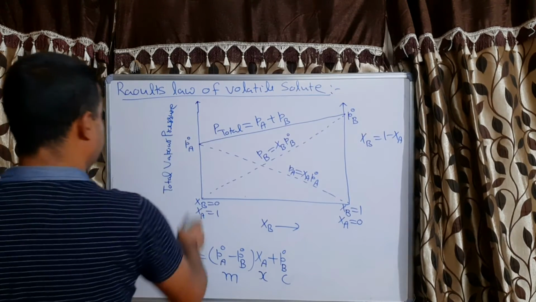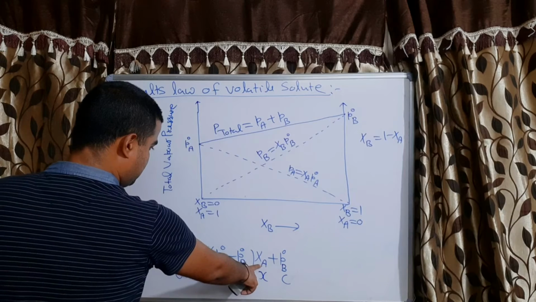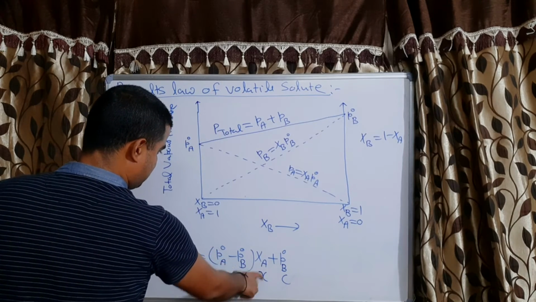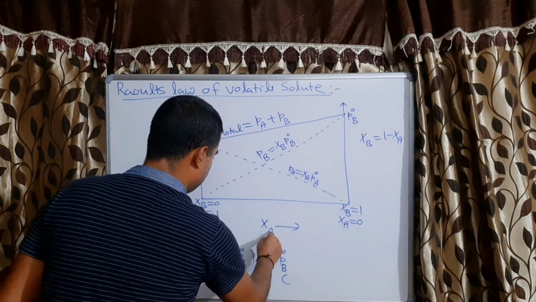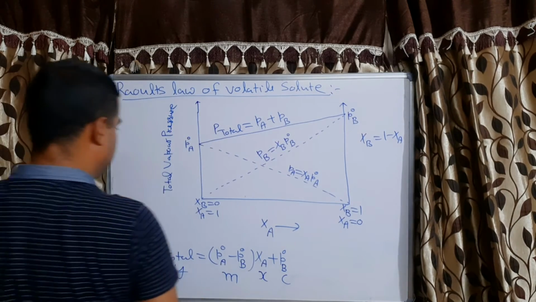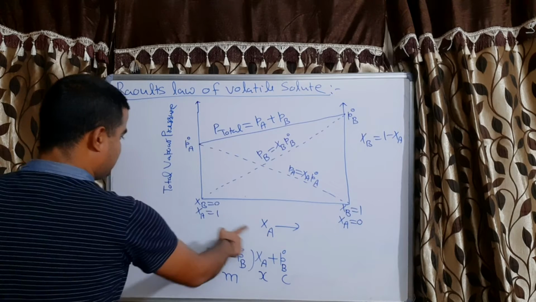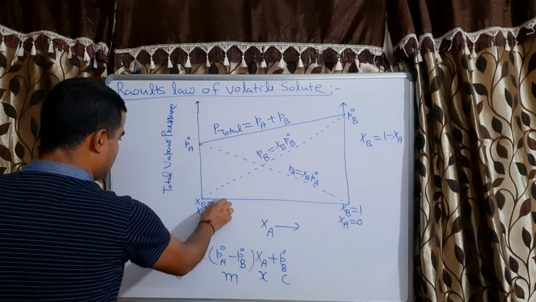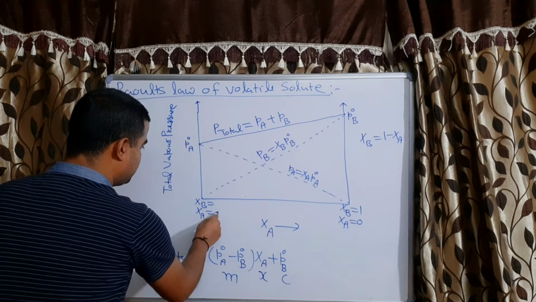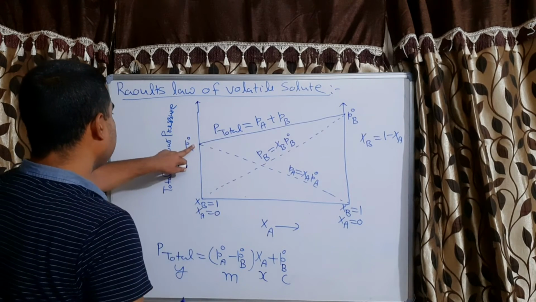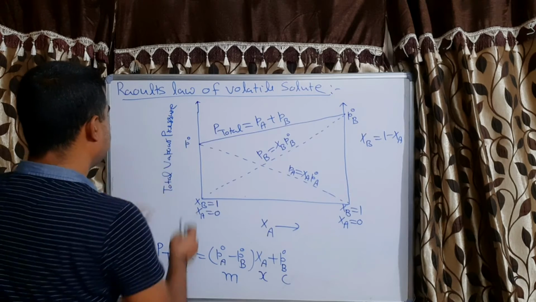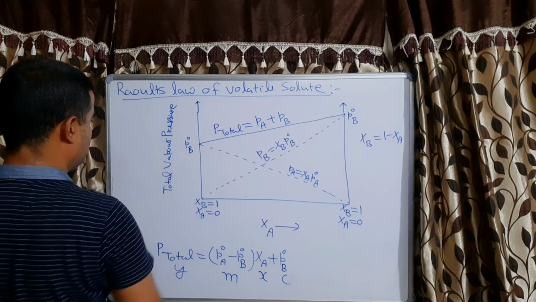So, now since this is the X axis, here it will be XA, correct? And since it is the axis, the initial value will be 0. Since it is 0, then it will be 1. Since it is 1, it will be P naught B, correct?